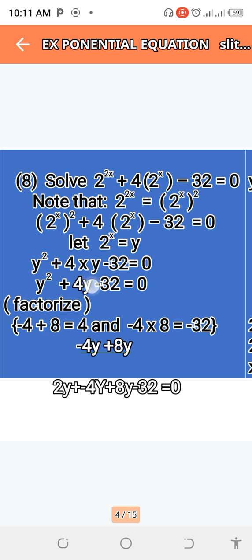What you have there is y exponent 2 plus 4y is equals to 32.